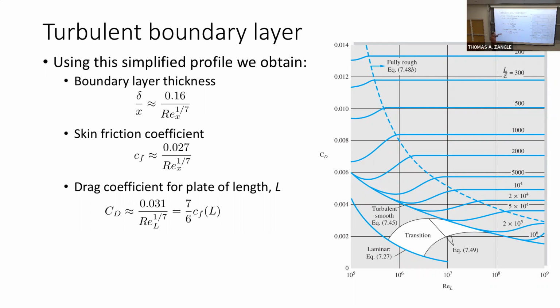And then using this coefficient of drag and, for example, the fluid properties and the size of the plate, we could then find the overall drag force that the plate is experiencing.